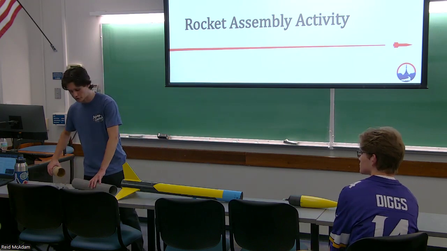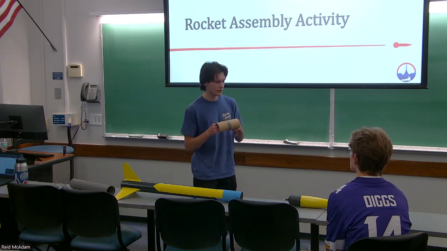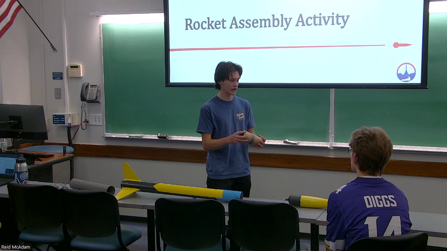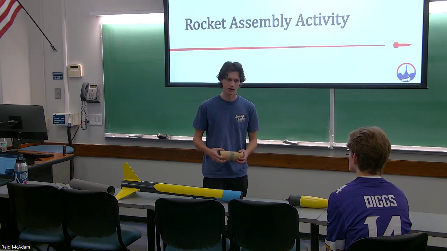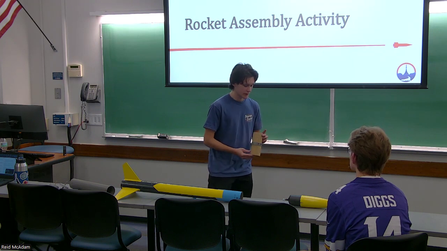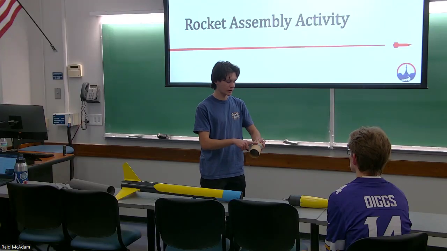To hold the altimeter, we've got an av bay. The av bay is inside this thing called a coupler. The coupler is this cardboard-like part. It's actually phenolic, which you can think of as fire-resistant cardboard. I also have this little switch band in the middle.